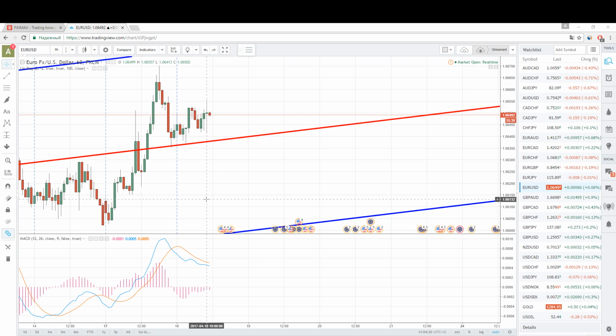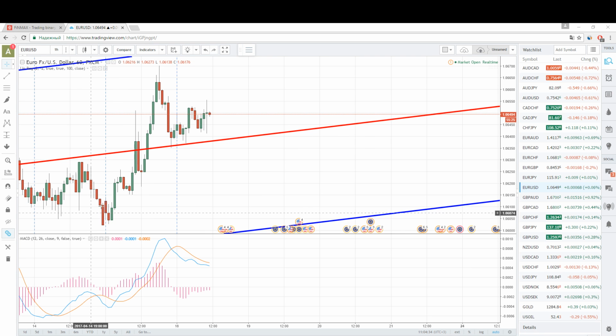I was also asked pretty often what instrument I'm using there. Well, on the webinars I always say what I'm using, and besides, you can see here and here the name of the indicator that is currently used. So let's pay attention right now to the Fibonacci retracement and how we can use it.